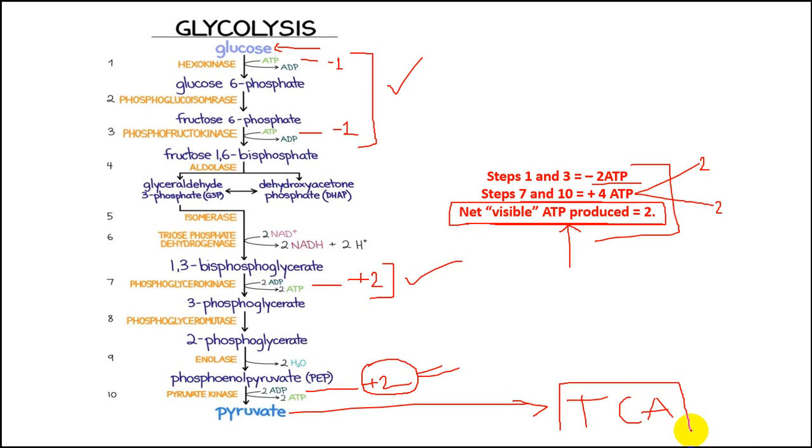ATP is required, ADP is required, NAD is required, glucose is required, and different cytoplasmic enzymes are required. What are cytoplasmic enzymes? Hexokinase, phosphoglucoisomerase, phosphofructokinase. These all are cytoplasmic enzymes we can say.